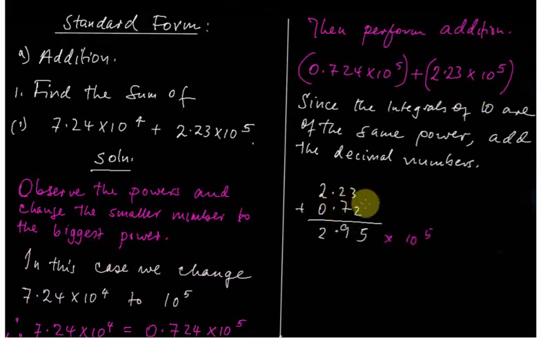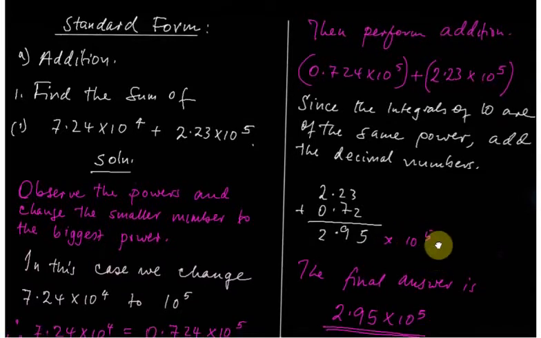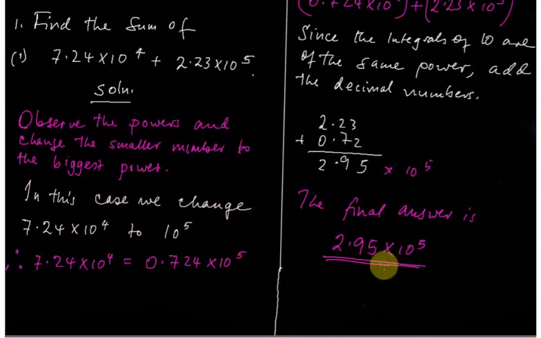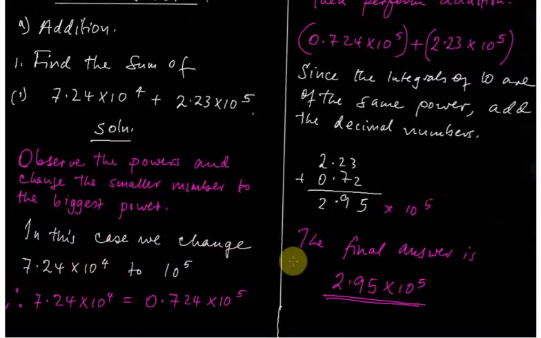So we add 2.23 to 0.72, and we get 2.95. Because they are having a common power of 10, we multiply by 10 to the 5. Then our final answer is 2.95 times 10 to the 5.